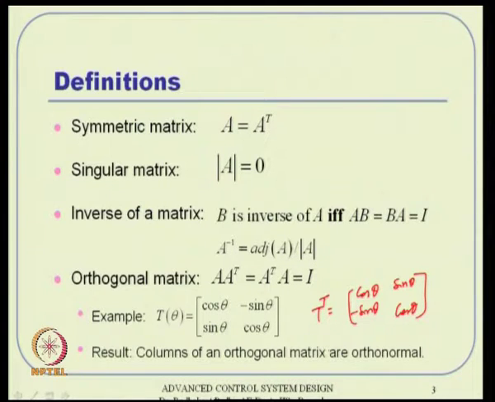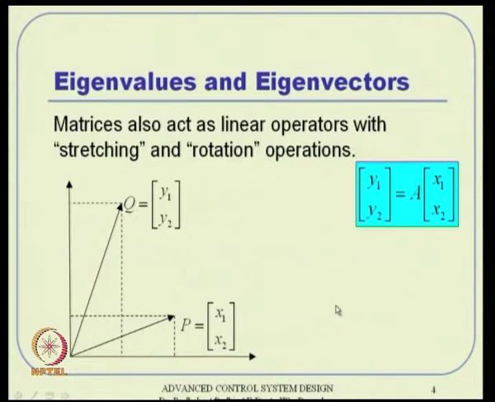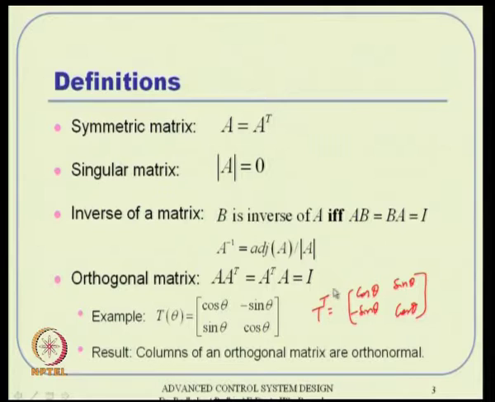Then if you multiply T and T transpose together, you will get cos theta times cos theta, that is cos square theta, and the cos theta sin theta and minus sin theta cos theta terms will cancel out.